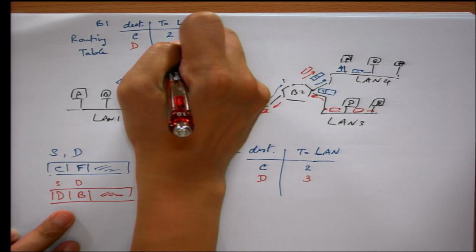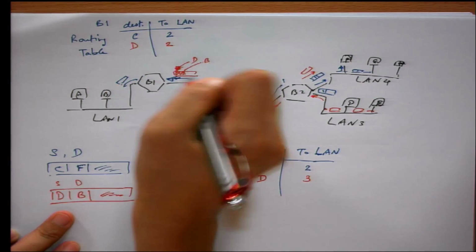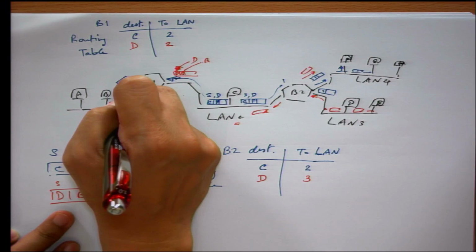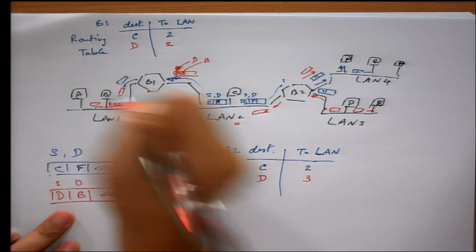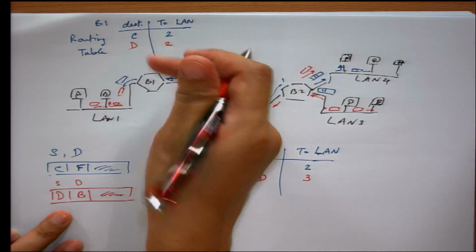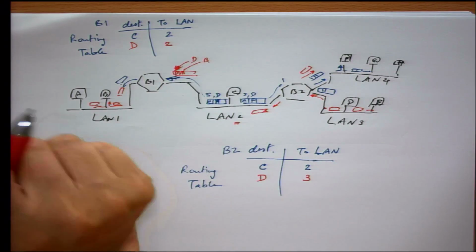LAN 2. So it will go this way, and then it will send this way. Then B will make a copy and send it along the line. So can you see how it developed the routing table with backward learning?